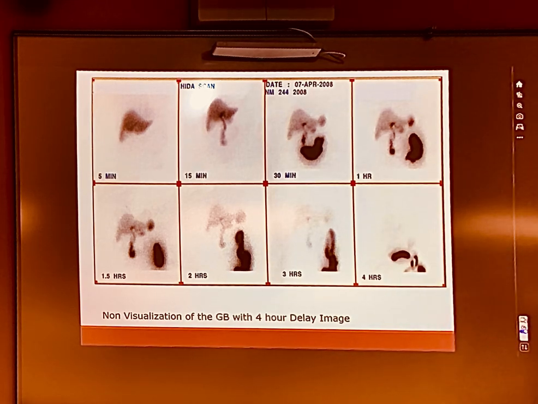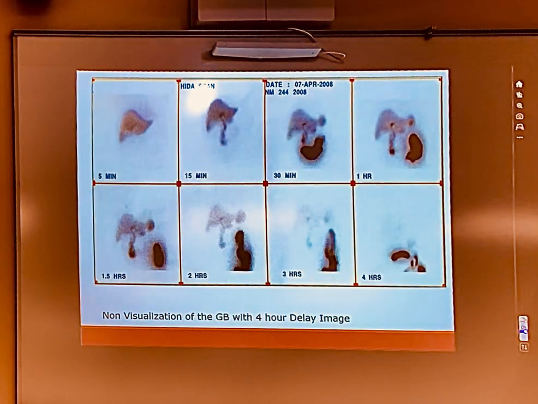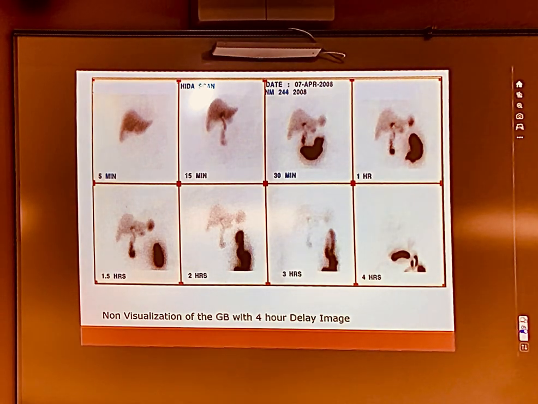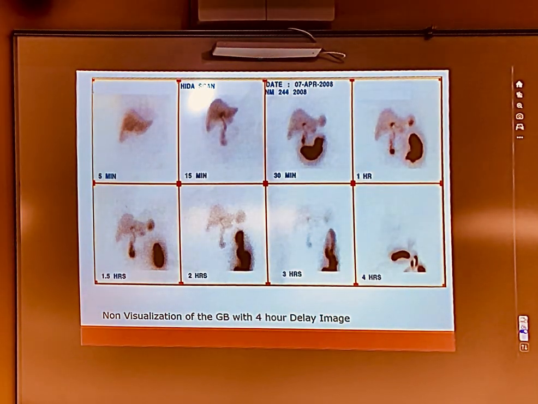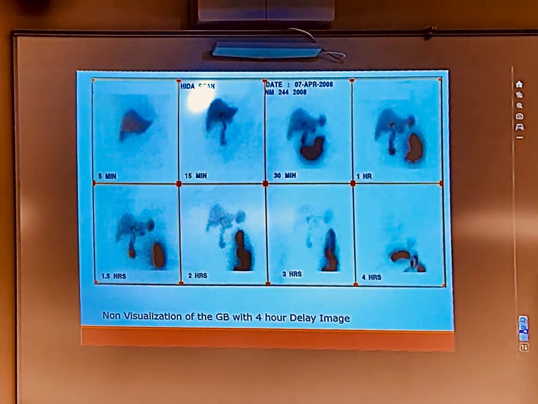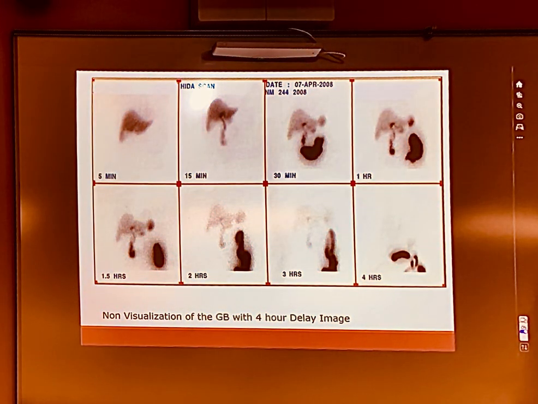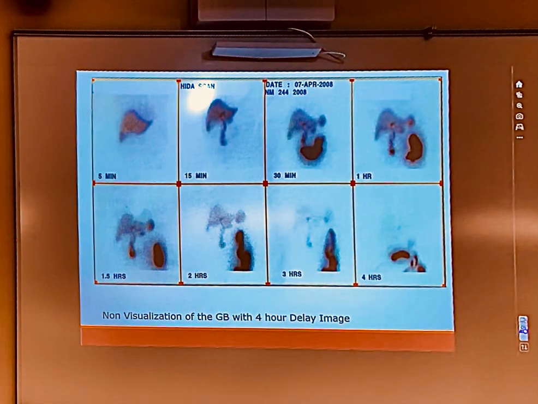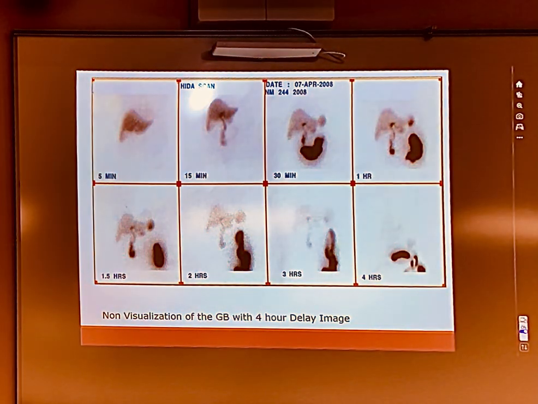So all that activity refluxed back up into the stomach. So that's why you have stomach activity. So this patient has acute or chronic cholecystitis? Acute. Okay, acute cholecystitis or a cystic duct obstruction. Okay.